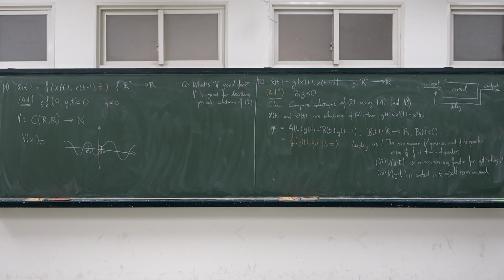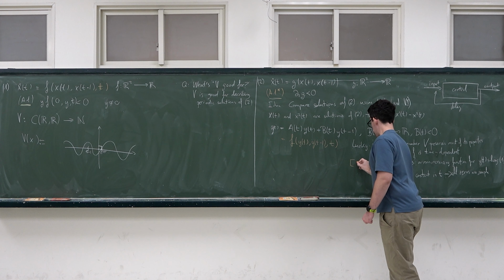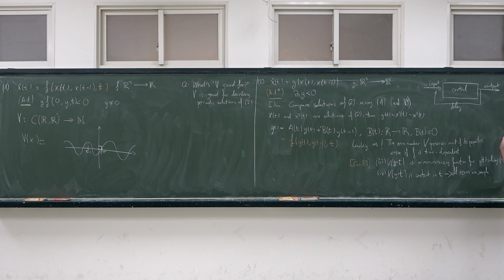This result is not from the same paper as the original proof of the zero number that was given last week, but rather was done a few months later, I believe, by some guy called Lin Zhao in 1989, I think. So as we will see, the most important properties of this v function is the fact that it's a non-increasing function of time.